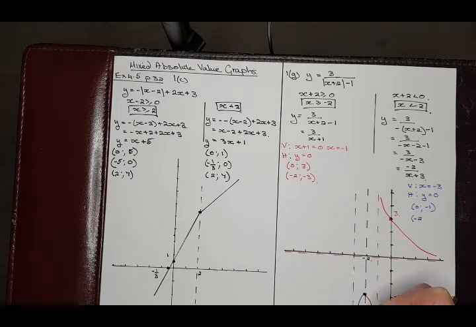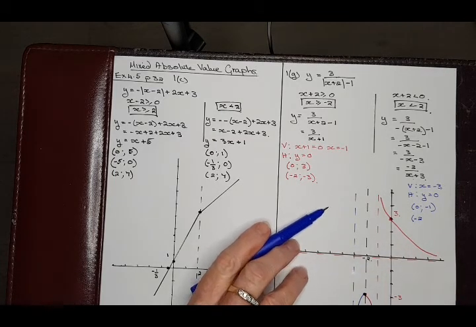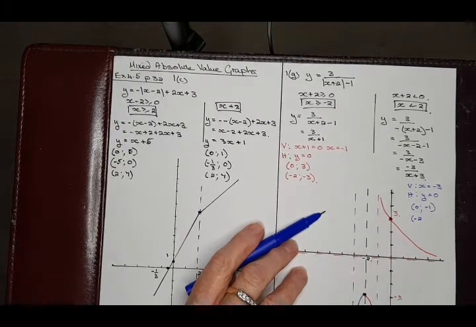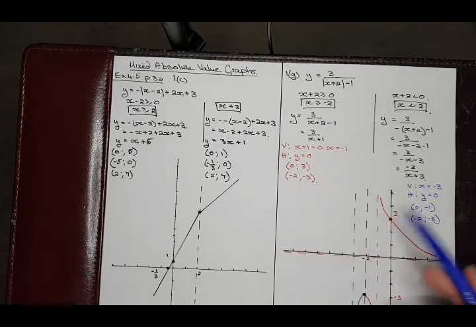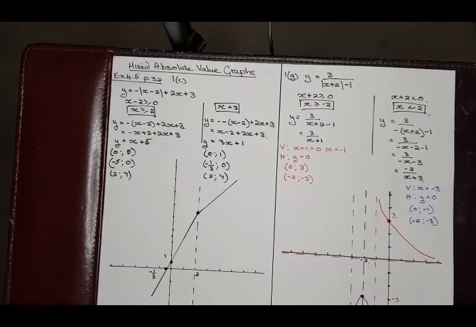This part just carries on like that. I know that the rest of the hyperbola is going to be over here somewhere, and I need to know at least one point there just to hang my graph.